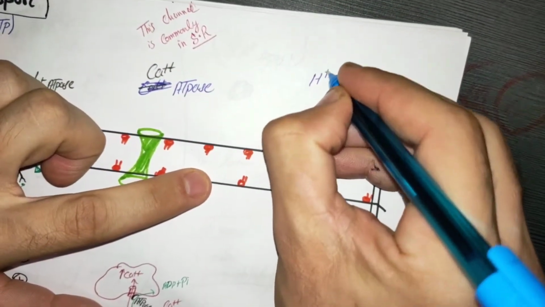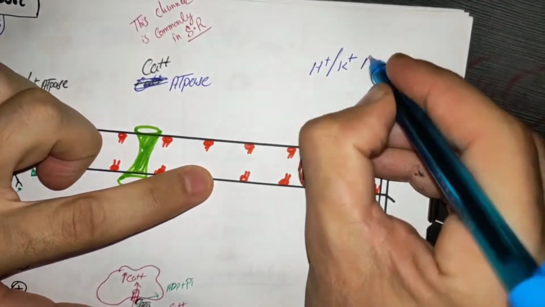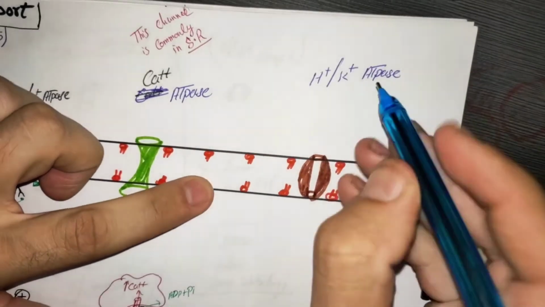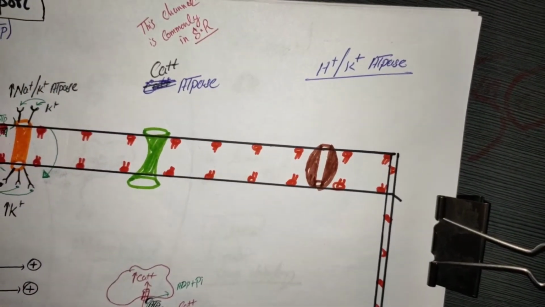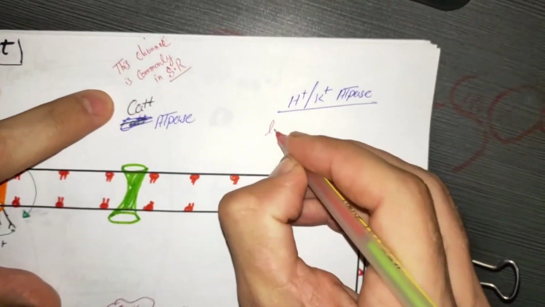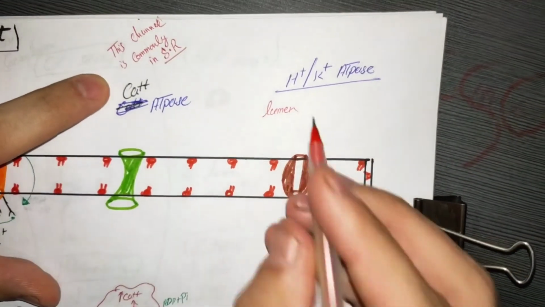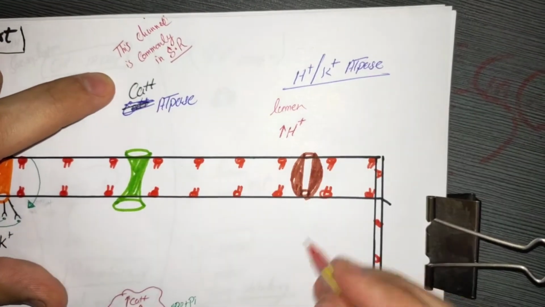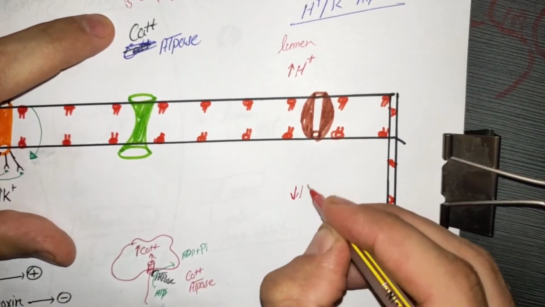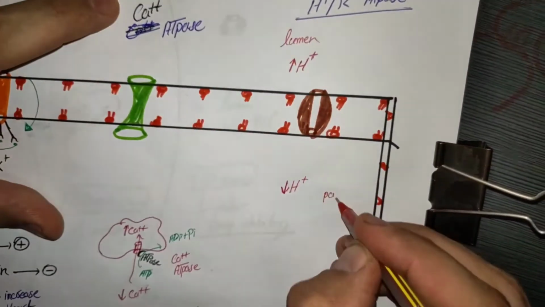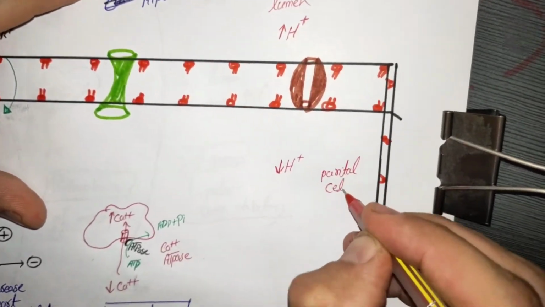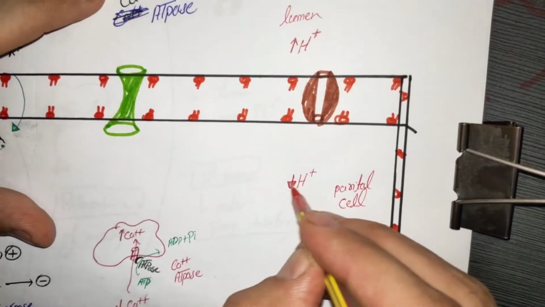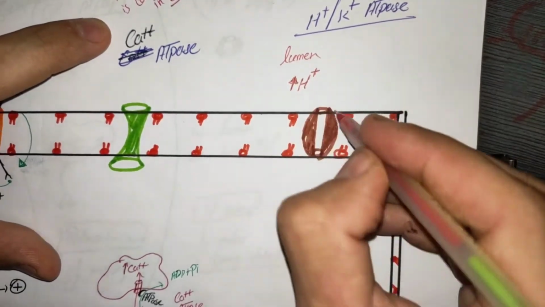The next channel that we have in the primary active transport is the proton potassium ATPase channel. Suppose this is the lumen of stomach, outside of the cell, and this is the cell of stomach, which is by the name of parietal cell.